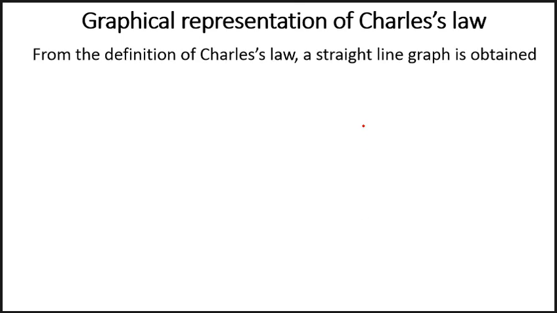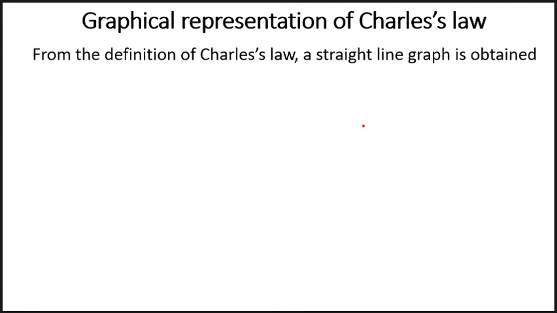Let's quickly look at the graphical representation of Charles' law. How can we use a graph to explain Charles' law, just as I did for that of Boyle's law? Okay, so if we are going to look at the graph here, of course we are going to be considering the definition of Charles' law. Now, from the definition of Charles' law, since the volume is directly proportional to the temperature, then obviously we'll be having a straight line graph.